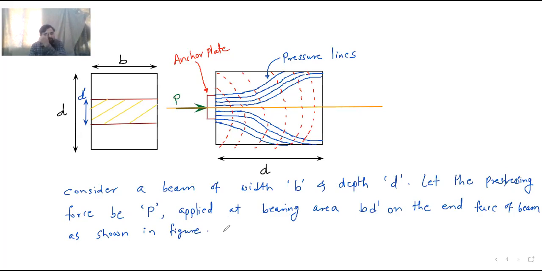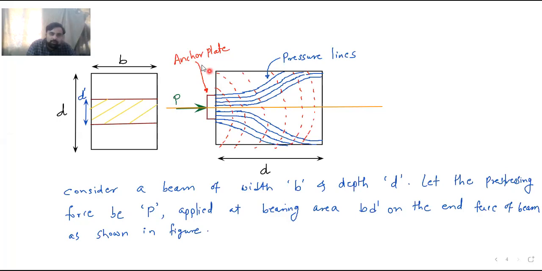Now, if I ask you, this pre-stressing force is acting on this area. So eventually from the anchor plate, it is getting distributed over this entire face, the entire cross section of the beam.